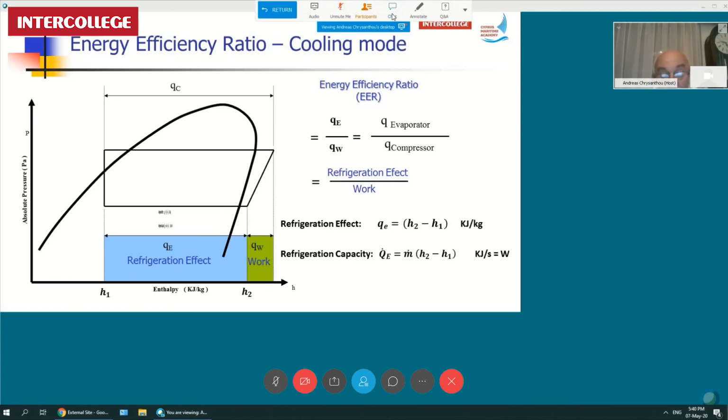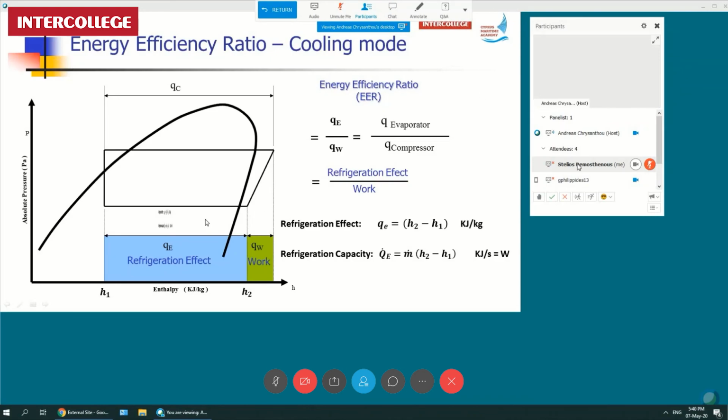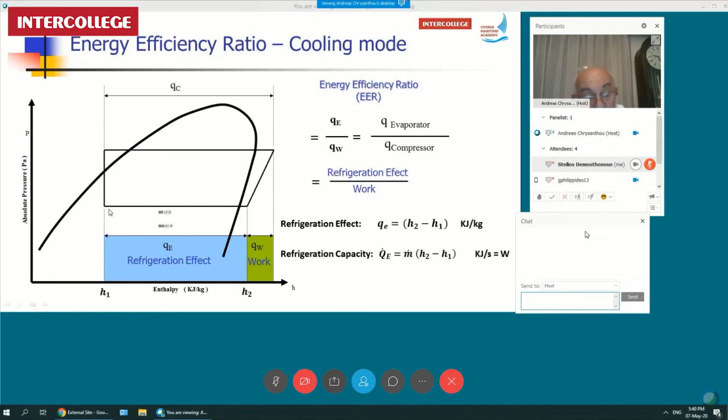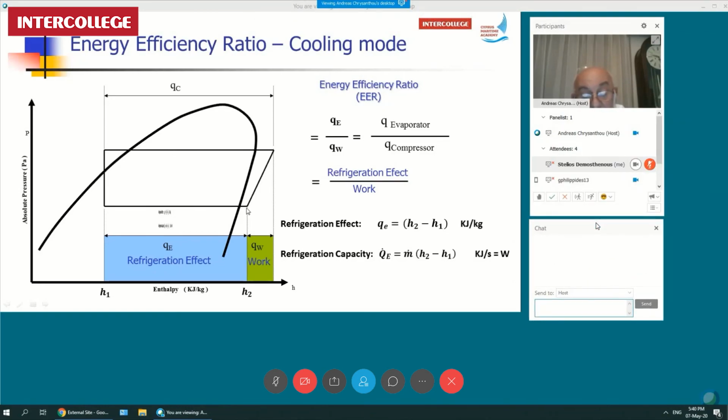A few little quantities here just to explain what you can get from the refrigeration cycle. We'll see much more later on in other lectures, but one of the interesting things I would like you to see here is this part, which is called the refrigeration effect.